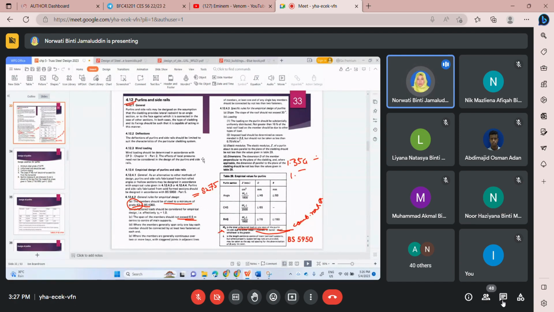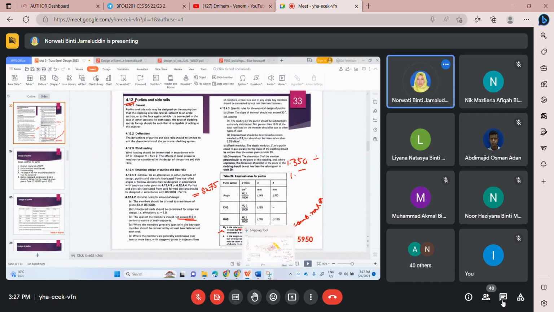Bila saya nak guna empirical method, saya akan guna kod yang lama, BS5950. Dalam BS5950, dia dah cakap kat sini. General rules to use for empirical design according to this clause. First, minimum steel is 275. Second, consider unfactored load for empirical design, means that the partial factor here is 1.0.